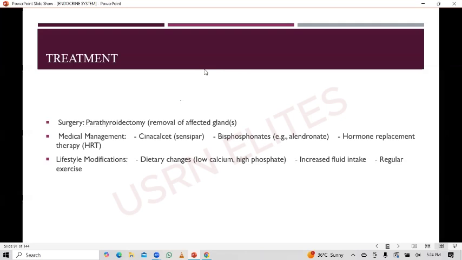Dairy products. Dairy products, for example milk. Cheese. Okay. All right. Milk, cheese.